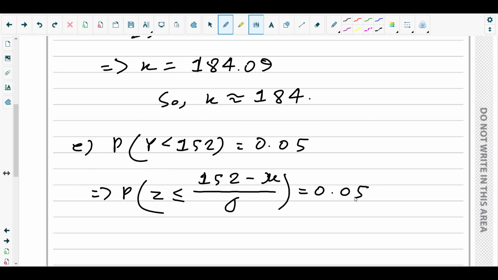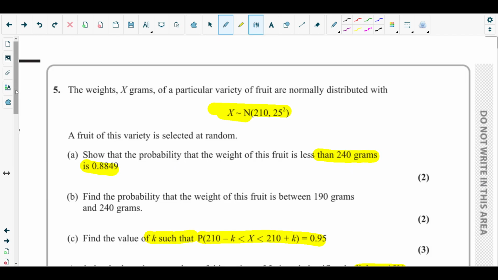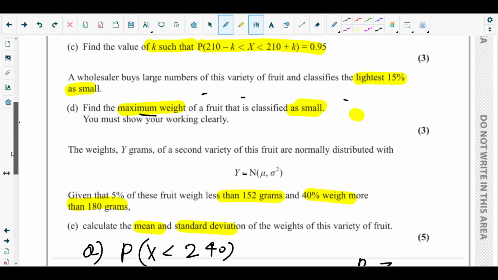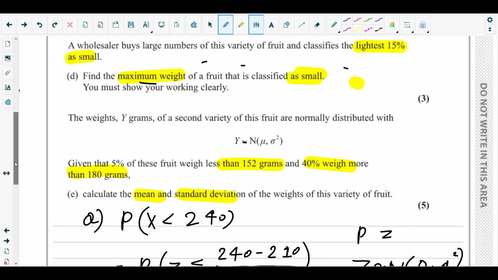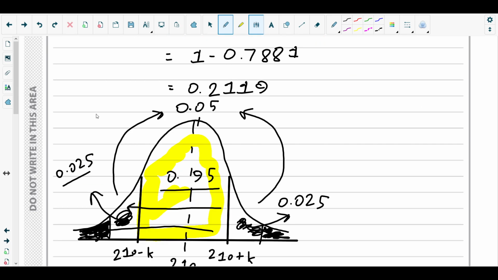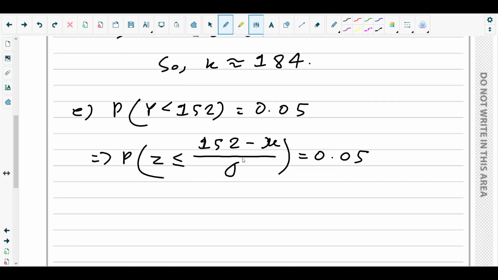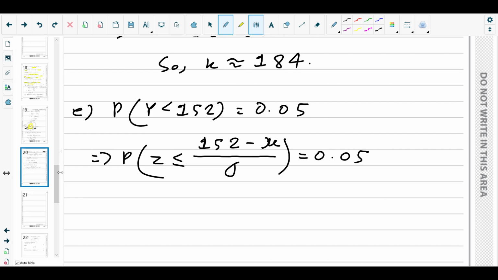0.05. So this is what we have arranged from the given data, that is the 5% of the second variety of fruit weigh less than 152 grams. Considering that fact, we need to find out what corresponds to 5%, right? Less than that is 0.05, that means the bottom 5%, isn't it?